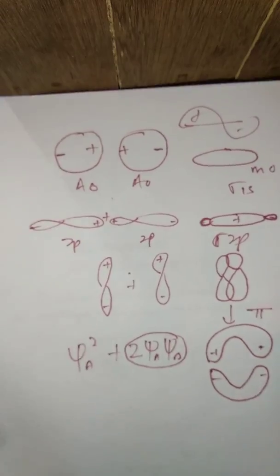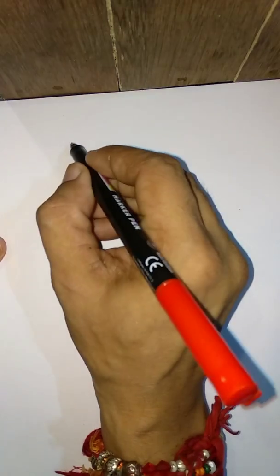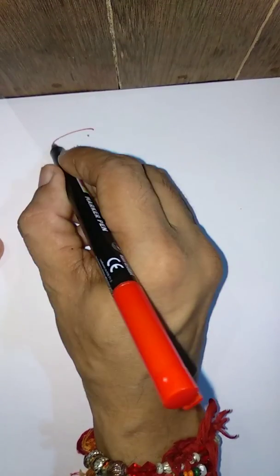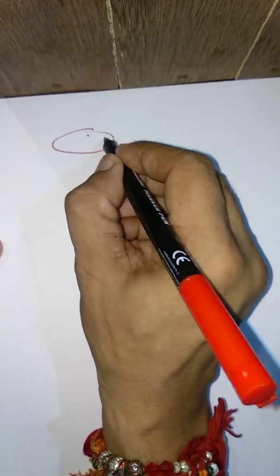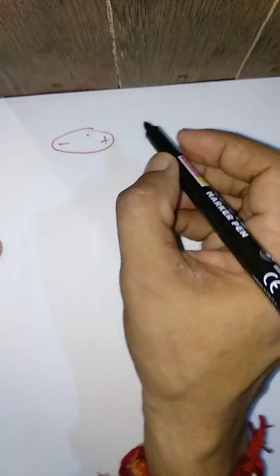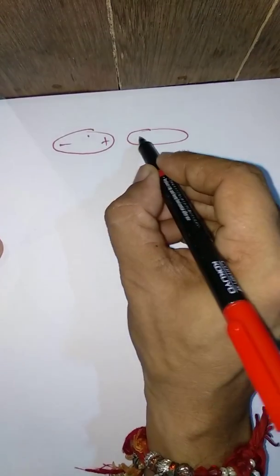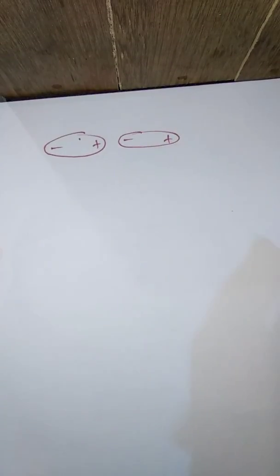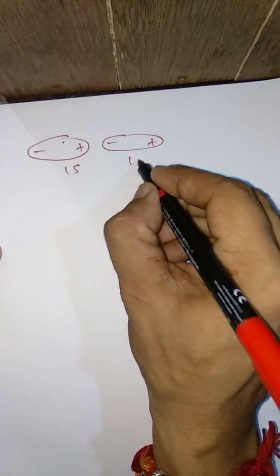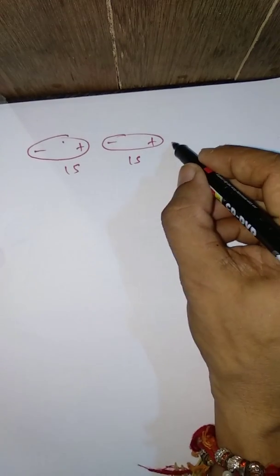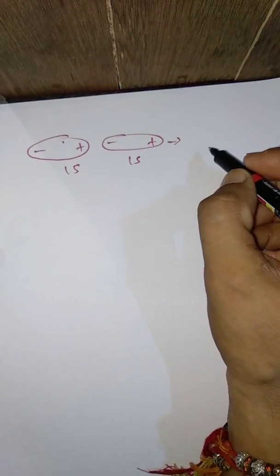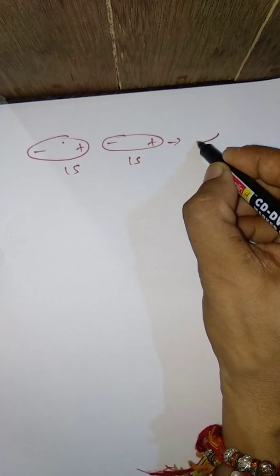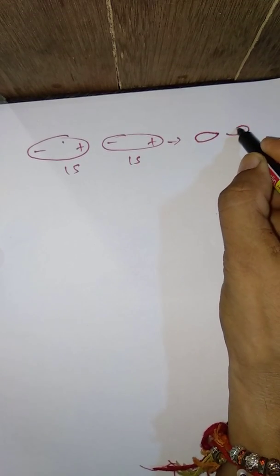And similarly, in another case, if we combine the orbitals not in the same phase but in the opposite phase, what do we observe? When 1s and 1s combine to result in a molecular orbital, that orbital will look much like this.